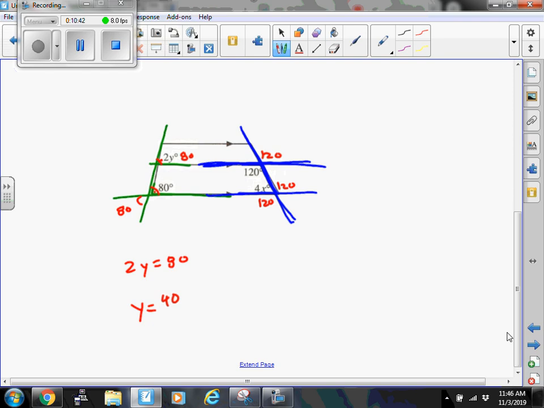So 180 subtract 120 is 60. That means this one's got to be 60, this one's 60, and this 60. But all I really care about is this right here. I wanted x, and x is right there. And because I paired up my numbers, I know 4x has to be the same as 60, not 120. So I divide by 4, and you get 15.